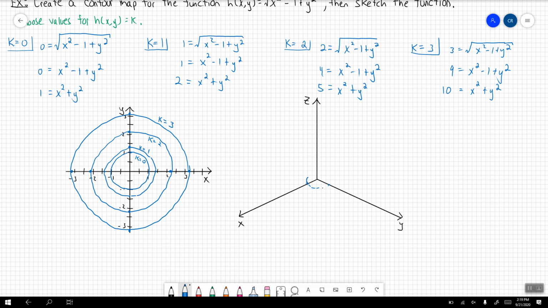Knowing what's going to happen here, I'm going to make that circle dashed, because the next circle is k equal to 1, and that one's slightly bigger. It looks like this. The next one's slightly bigger as well, and the next one's slightly bigger.